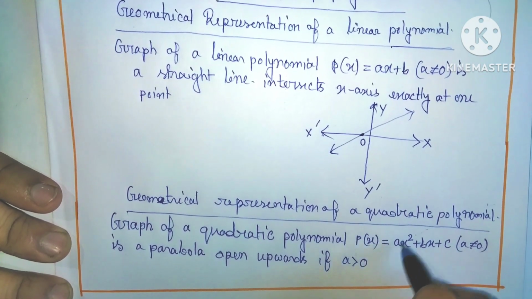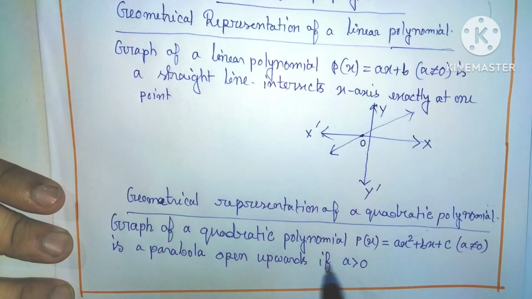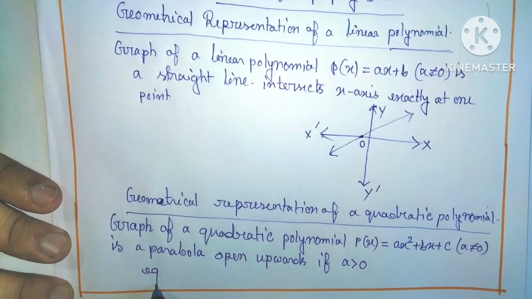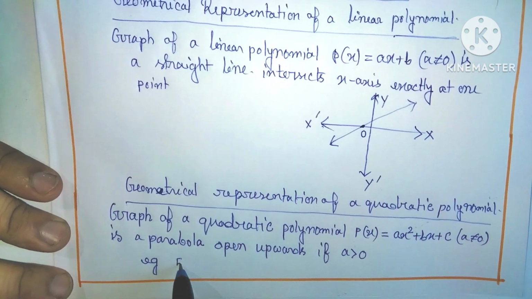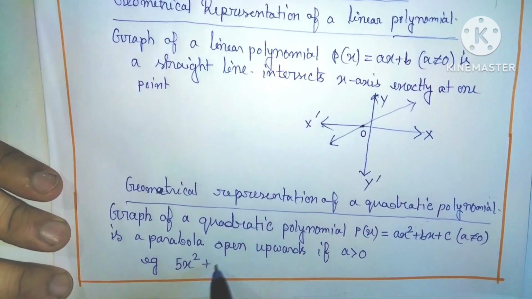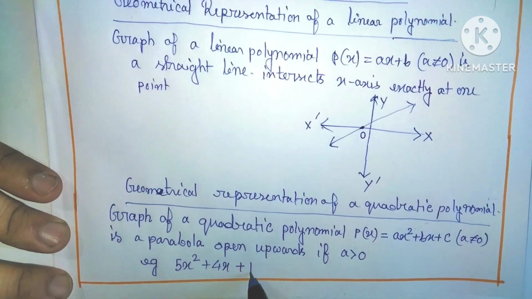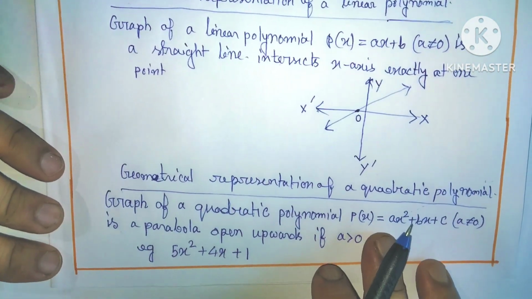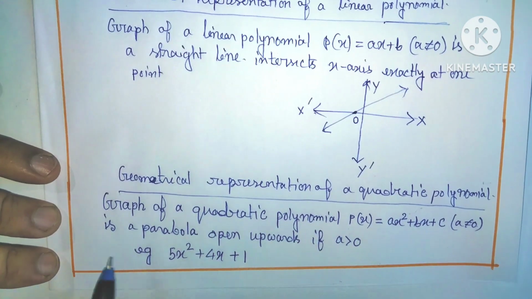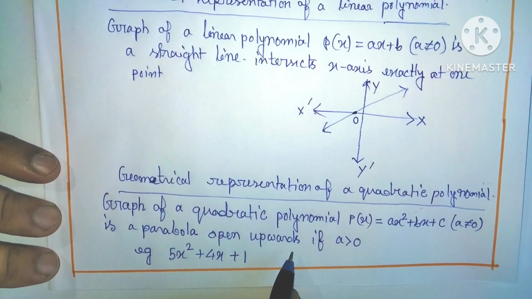That means the coefficient of x square is greater than 0. For example, 5x square plus 4x plus 1. So the graph of a quadratic polynomial is a parabola opening upward if a greater than 0.